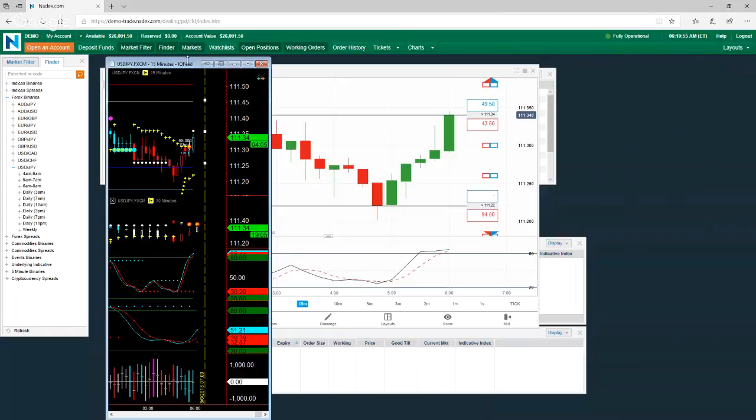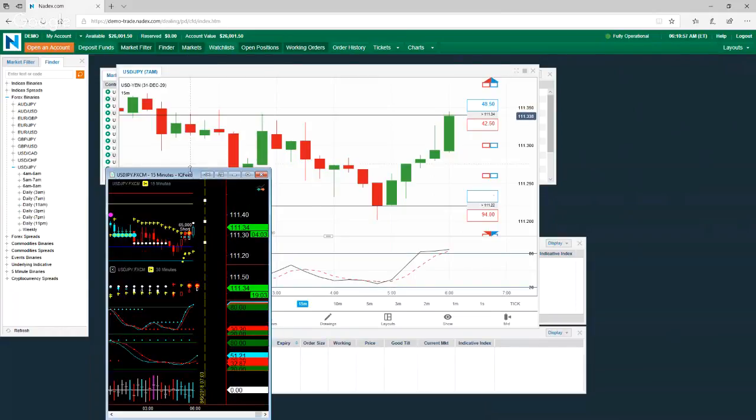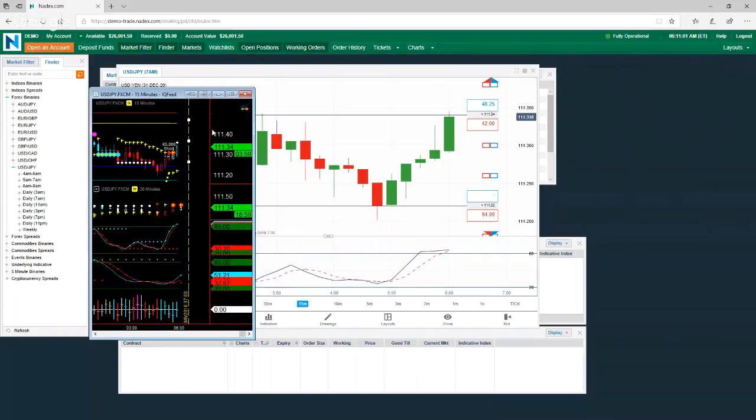This is the multi-chart screen. And you can see this stochastics is not overbought. It is a slower stochastics, moving off the 30-minute. But we see this white dot up here at 111.36. That's where I'm expecting it to stop.